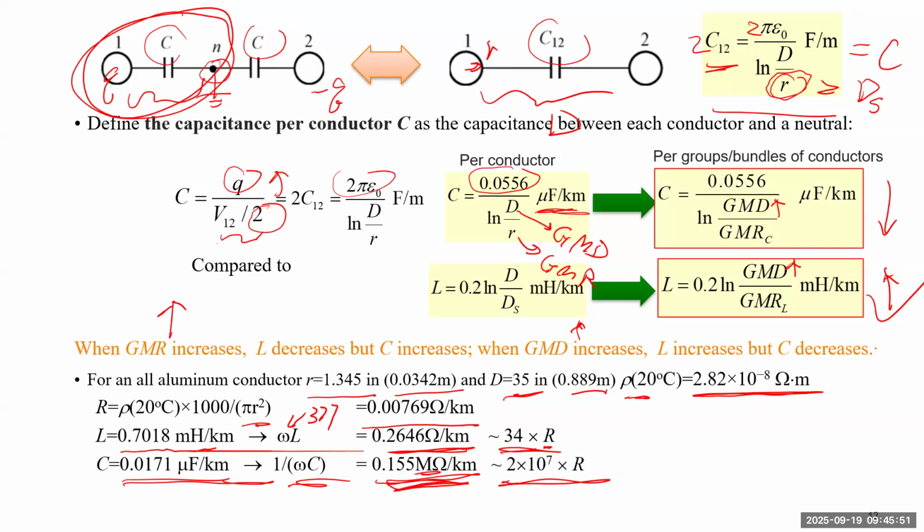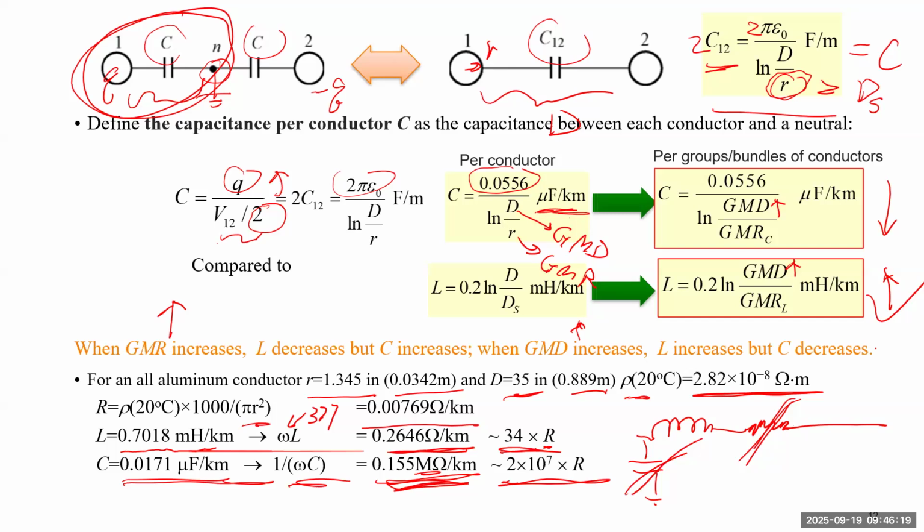Which means this line can be treated as an inductance connected to a resistance, and to the ground there's a capacitance. If you use an impedance circuit to model this line, the resistance can be ignored compared to the inductance, and this capacitance can also be ignored because the reactance is too large.